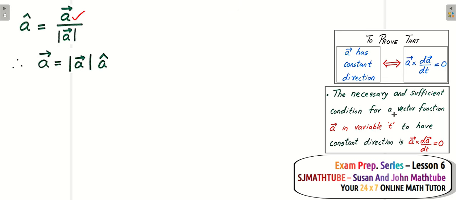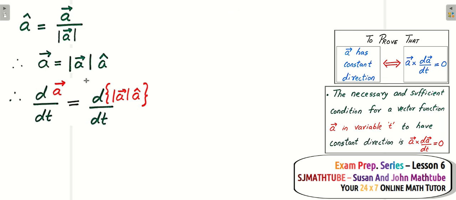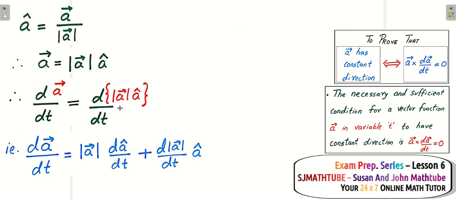Remember, A is a vector function, it's not a constant vector. Now let's differentiate. In the beginning of the video I gave you a formula how to differentiate a scalar function in t and a vector function in t being a product. So the rule goes: first function into derivative of the second plus derivative of the first into the second.